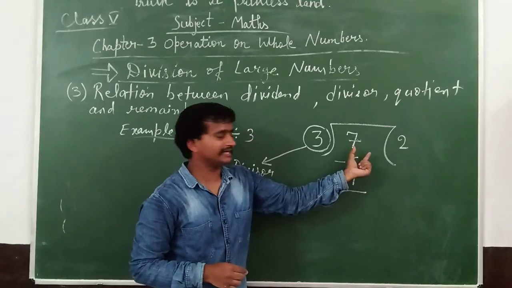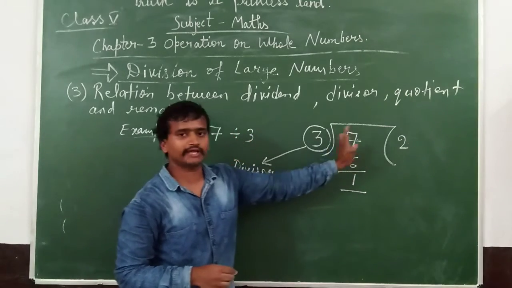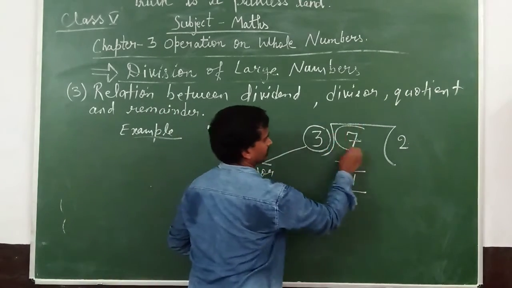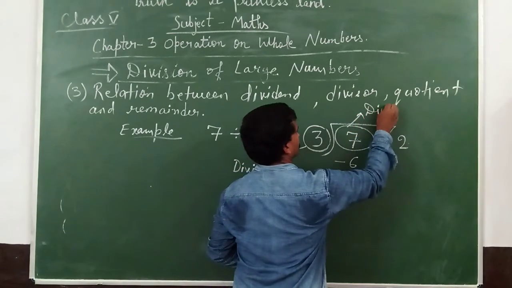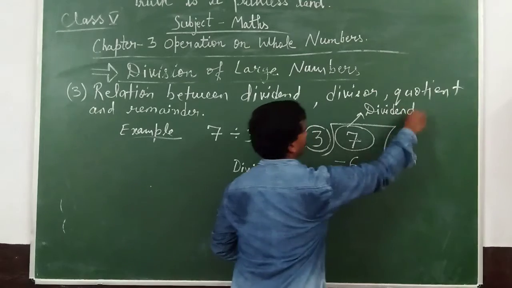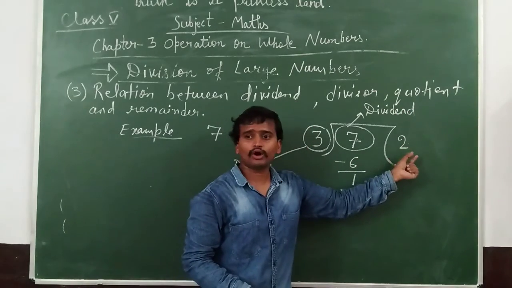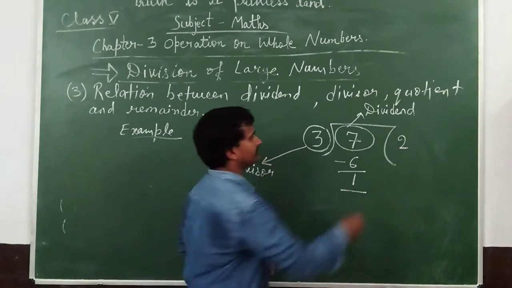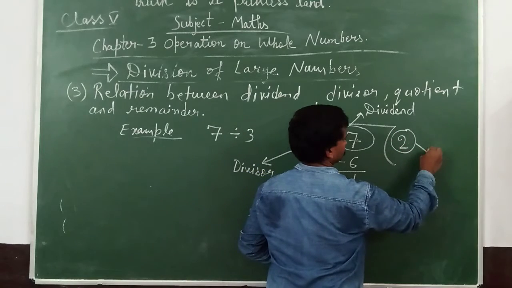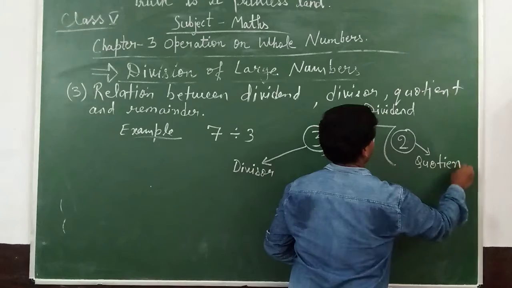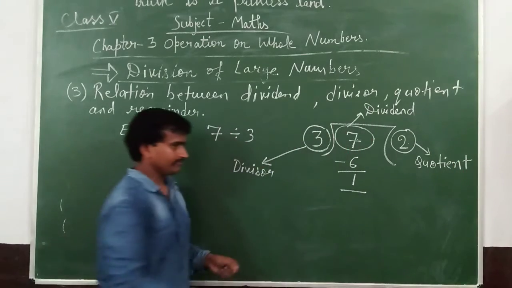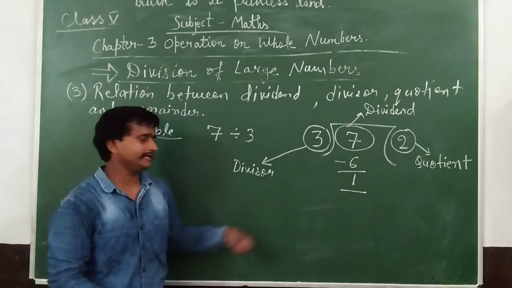The number or digit which is at this place is known as the dividend. Here we obtain the quotient. At this place we obtain the remainder.